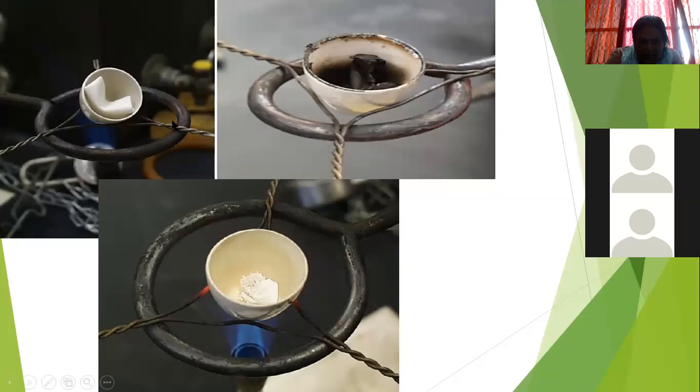This ring is placed on the Bunsen burner, and on this ring again a frame is kept to hold the crucible. So in this crucible you keep the folded filter paper containing the precipitate. Is that clear? So this will be the arrangement.